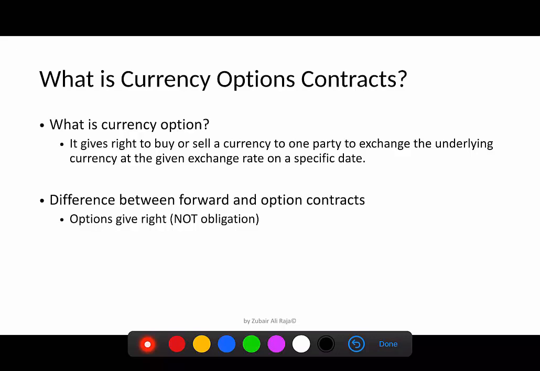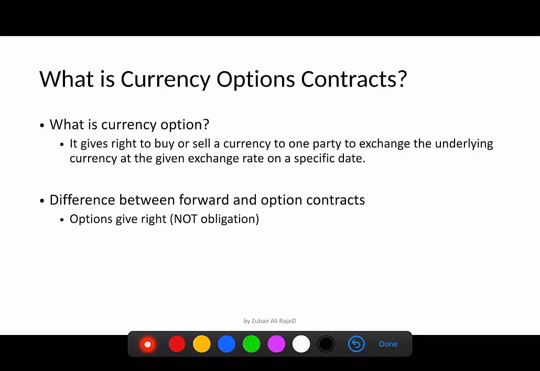It is actually the right to buy the underlying currency at a specific rate. If the market price of that currency is not in our favor, then obviously we'll go and exercise the option contract.